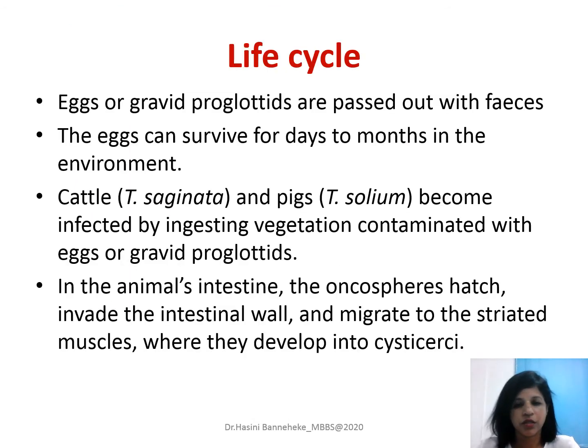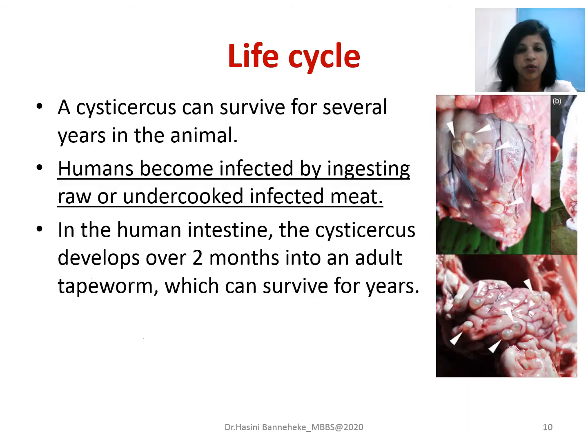This is what I have just said, so I'm not going to read the slide for you. These cysticerci can survive for several years. Once we ingest the cysticerci-containing meat, they take about 2 months to become an adult, and another few months to produce eggs and release them into the feces.